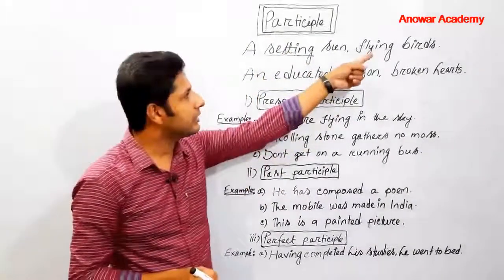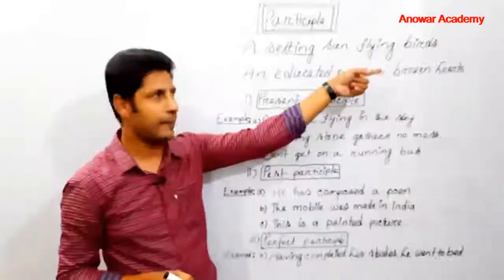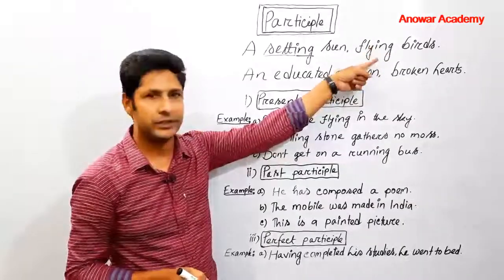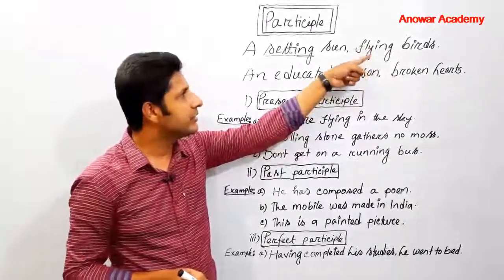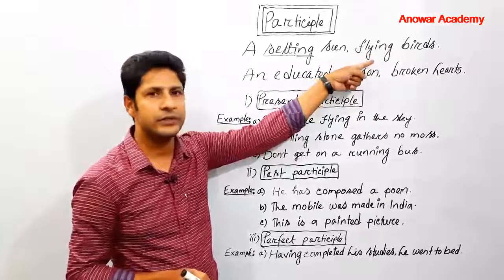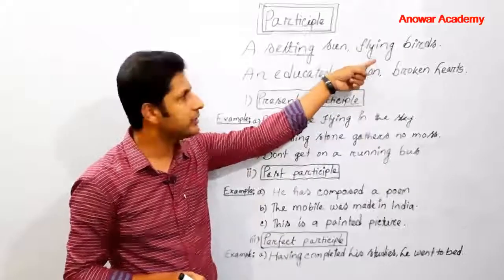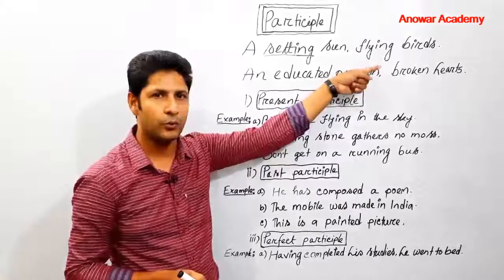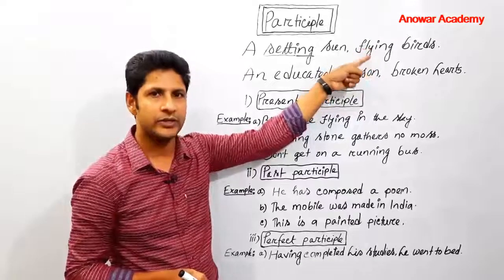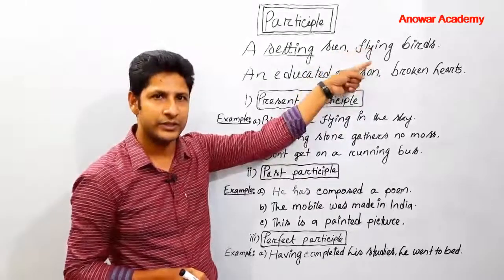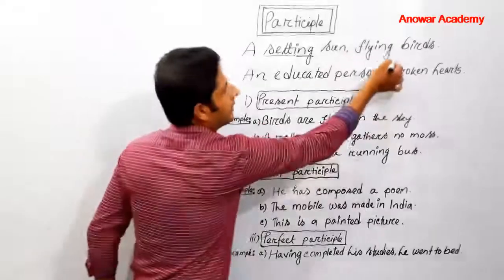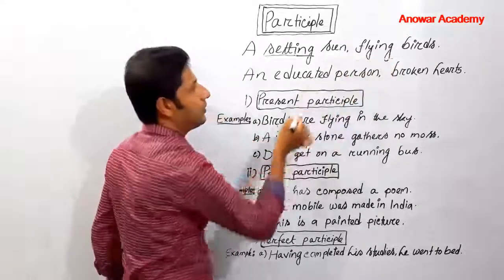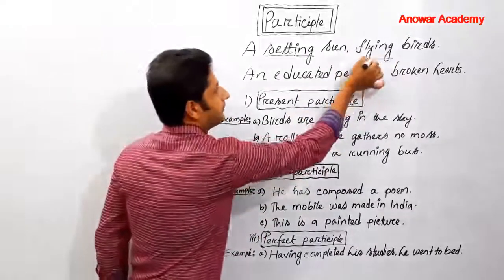In the second phrase, you can see flying birds. Here, ing is used after the verb fly and it modifies the noun birds and functions as an adjective. That's why flying is called participle.